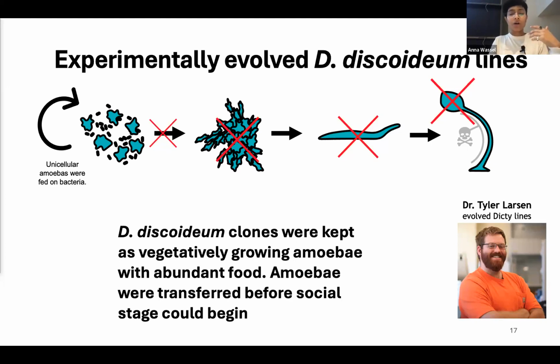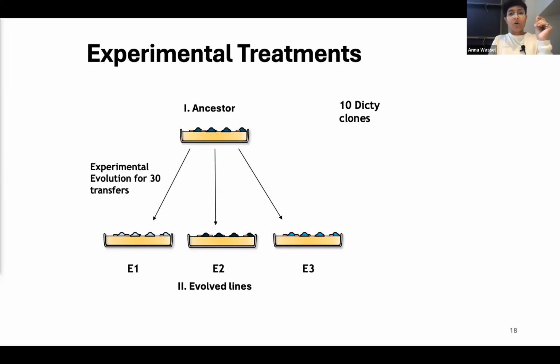And he did this for a long time, more than 30 transfers, but basically the point is, the lineages that evolved from one particular ancestor, and this was done in triplicates, acquired mutations or lost adaptations that give them a different genetic background than the ancestors.